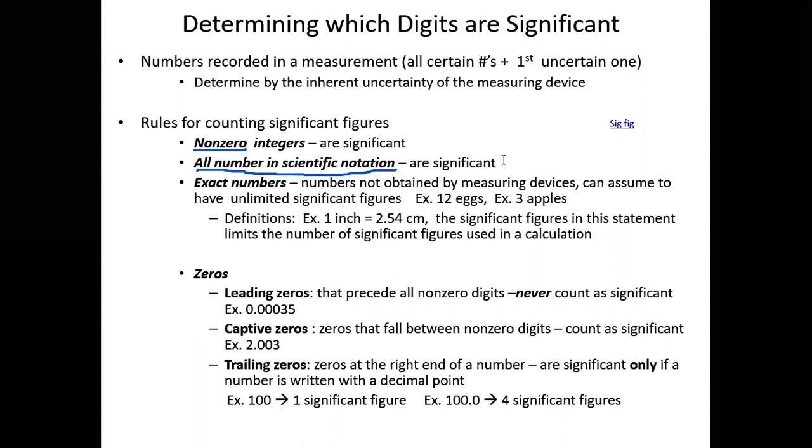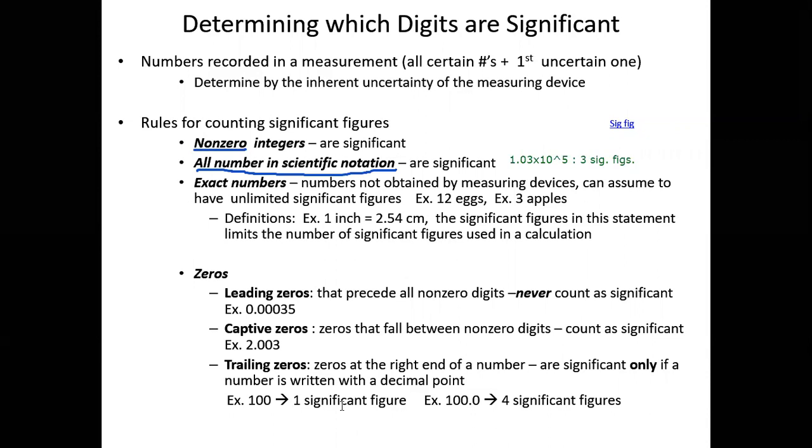So if I wrote 1.03 times 10 to the 5th, this would have 3 significant figures, because both zeros and non-zeros are significant in scientific notation.